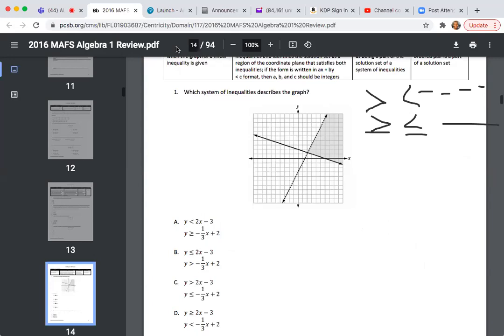When you're shading these, if your y variable is positive, it's greater than, so shade above the line. So this would be above the line. Now, if it was the other equation and they said to shade above the line, it would be this way right here.